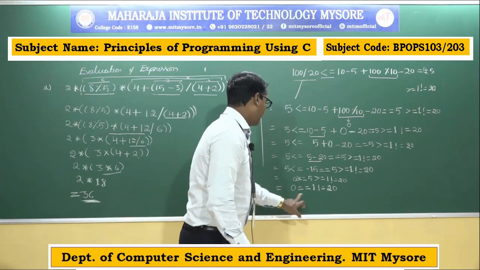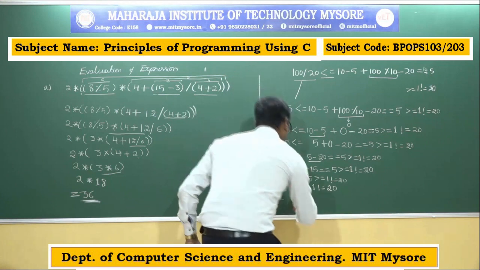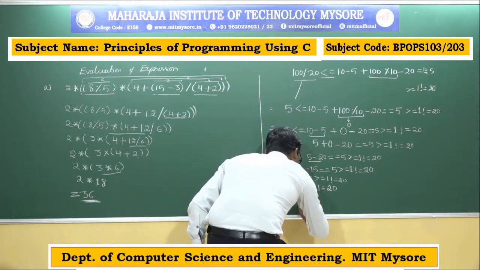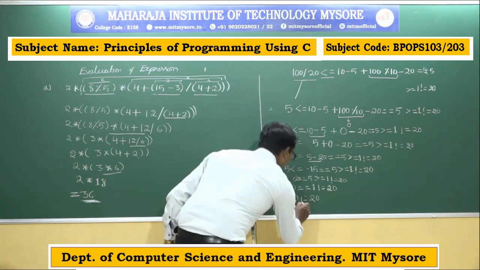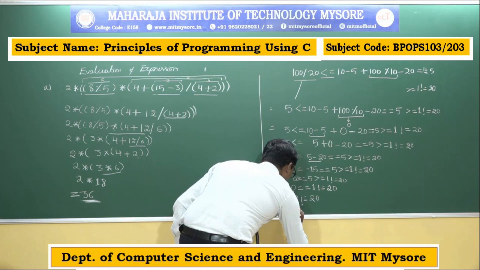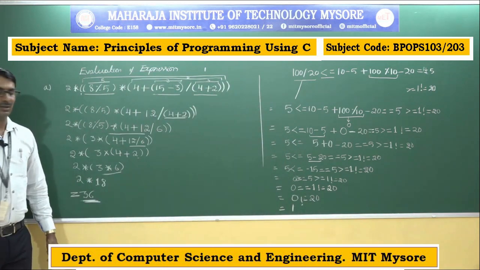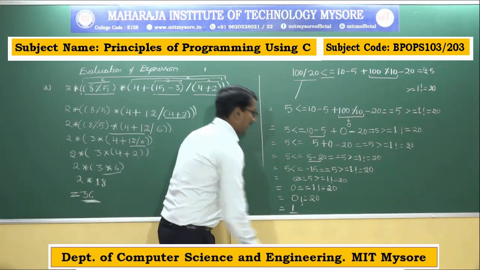Here 0 equal to 0, this will be 0, and then 0 != 20. 0 not equal to 20, yes, the condition is true, so it will be 1. The expression will be evaluated to 1. This is the way of evaluating the expression.